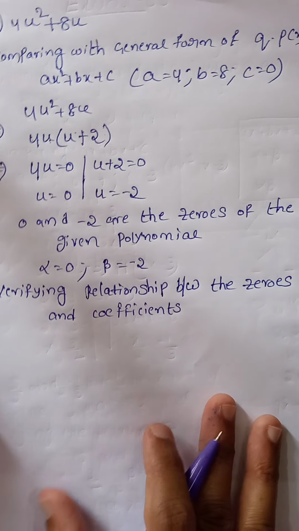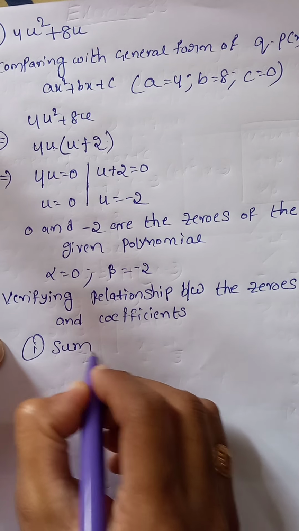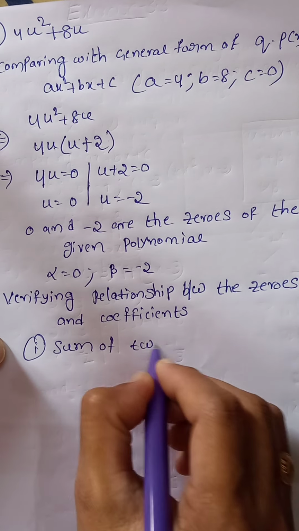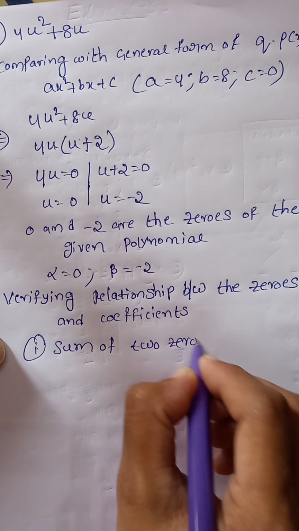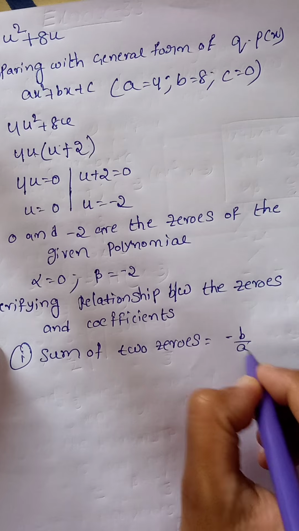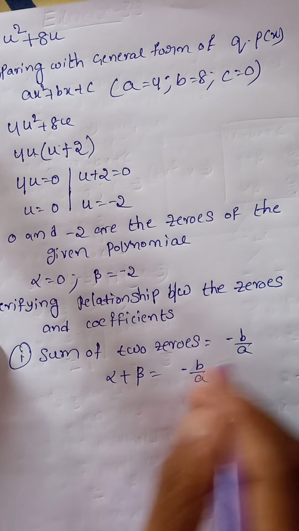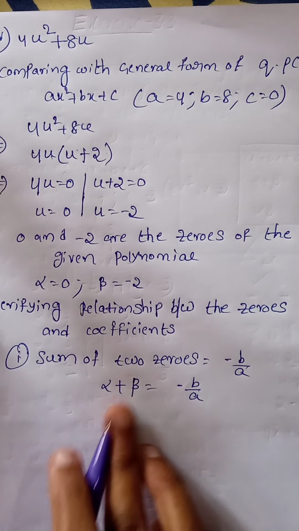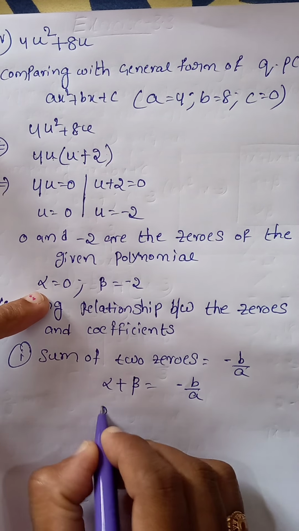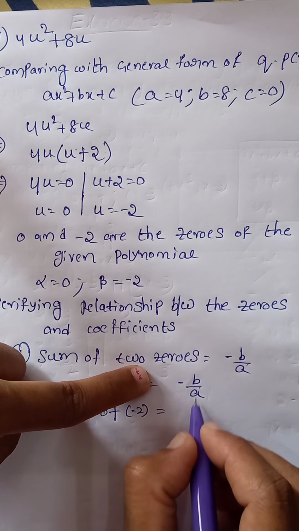What is the first relationship? Sum of two zeros equal to minus b by a. Alpha plus beta equal to minus b by a. So now what is the alpha value? 0 plus beta value is minus 2 equal to minus b by a, right?